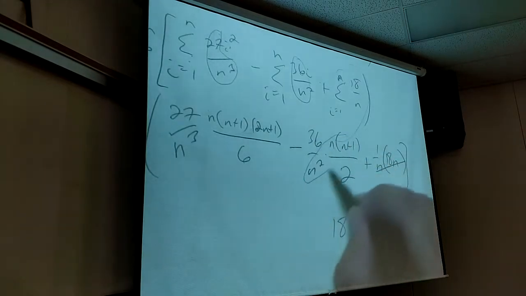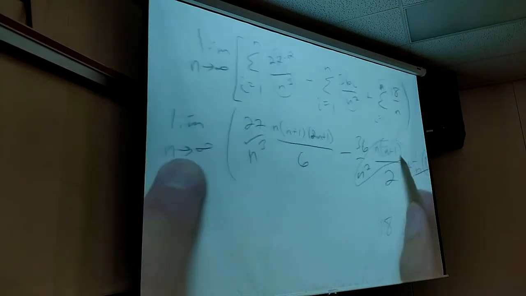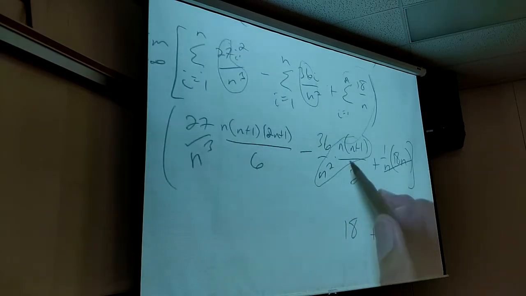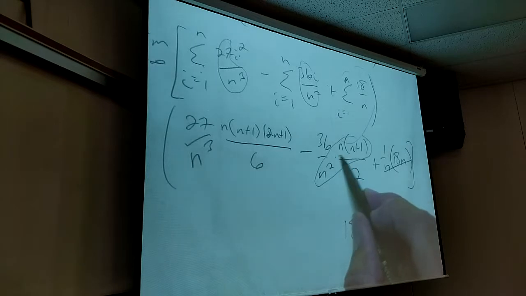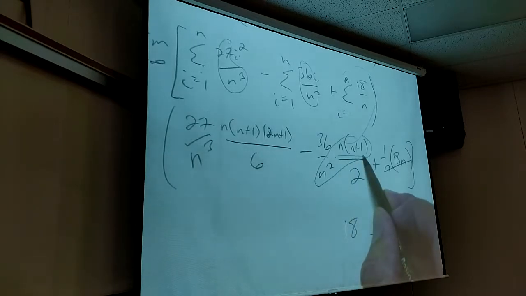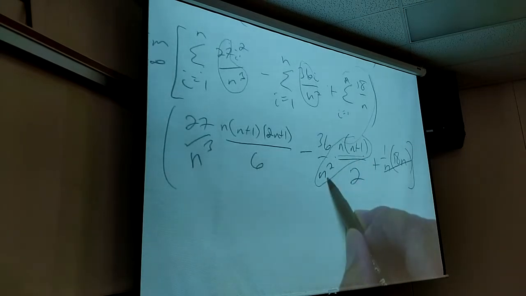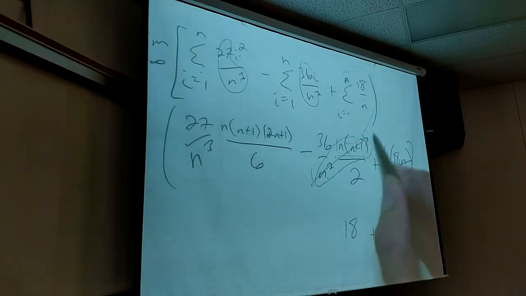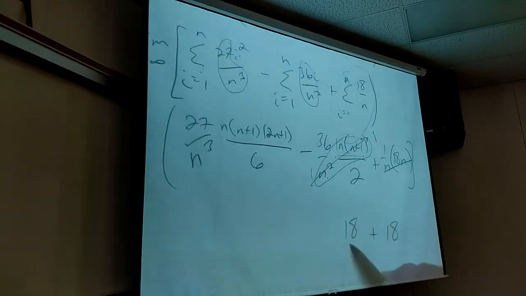What's the limit of this as n goes to infinity? What's the degree of the top? Squared, yeah, 2. The degree of the bottom is 2. The coefficients are 1 and 1, so that limit is 1. So that's just 18.